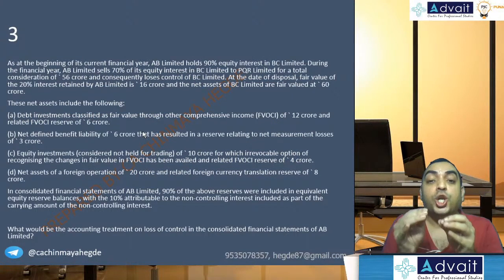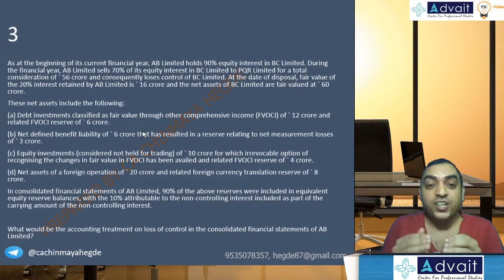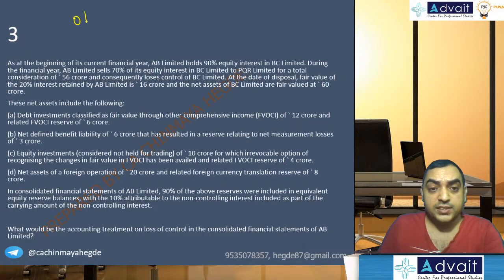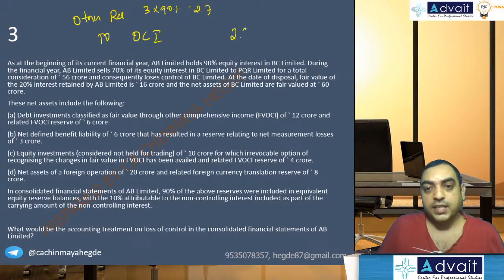But this is a loss. Therefore, the journal entry will be other reserve account debit to OCI remeasurement, which is 3 crores into 90%, which is 2.7 crores.